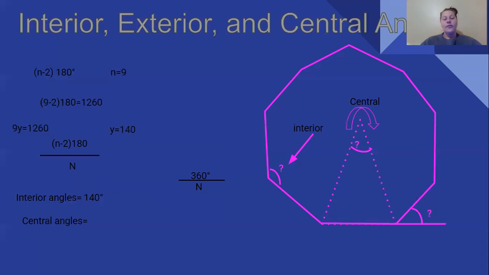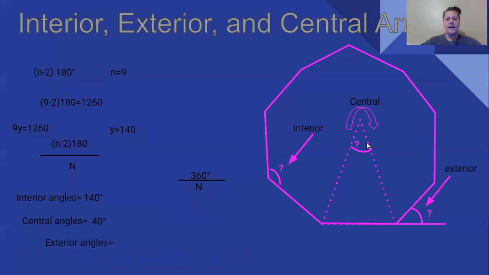There are 9 sides to our shape, so we're going to divide 360, so a complete circle, which is equal to 360 degrees, we're dividing it by 9. So that gives us 40 degrees. So our central angles right here are 40 degrees, this angle right here.